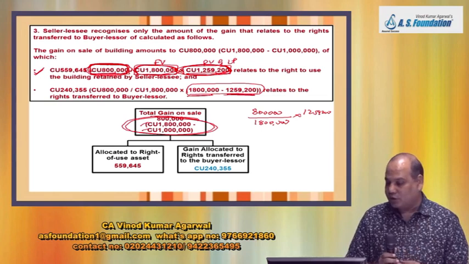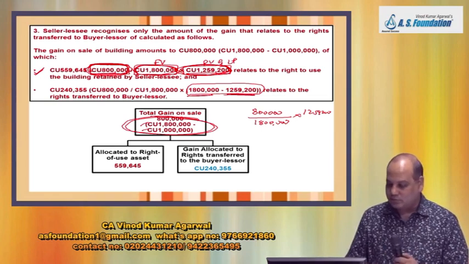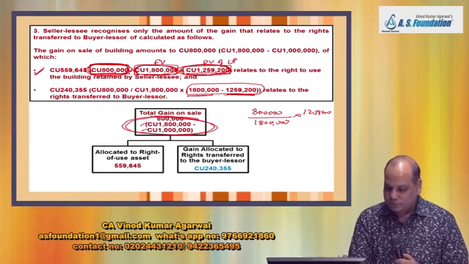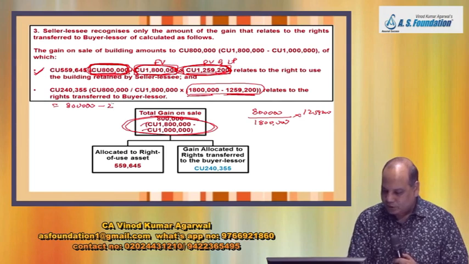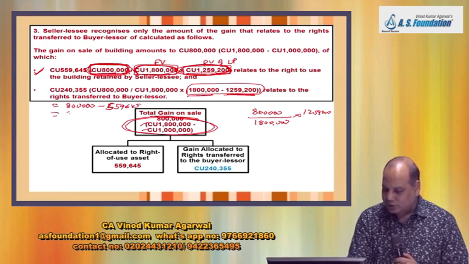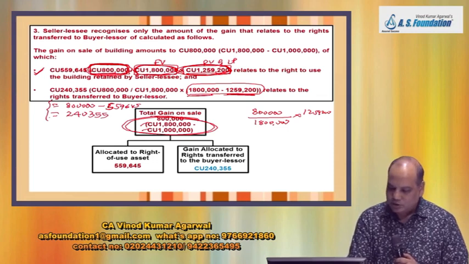Or, in case you don't want to take so much hassle, there is a shortcut also. What is that shortcut? The total profit is 8 lakh minus 559,645. That will automatically come to 240,355. So you can write this OR.